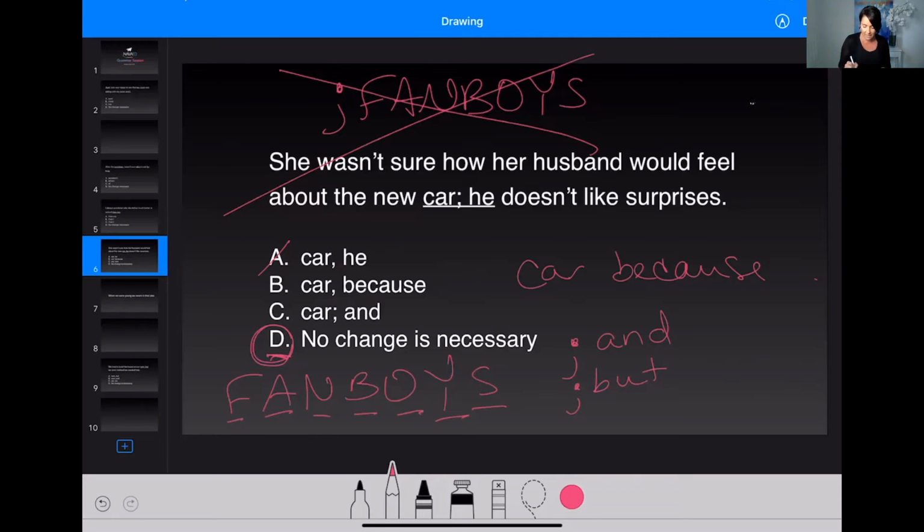So if you see that in an answer choice, right away you should have taken off B and C. And that would have left you with D and A if you didn't really know. And remember, commas are weak, cannot hold two full sentences. And here we do have two full sentences. So A is out. D, no change necessary because this works. It's all good.